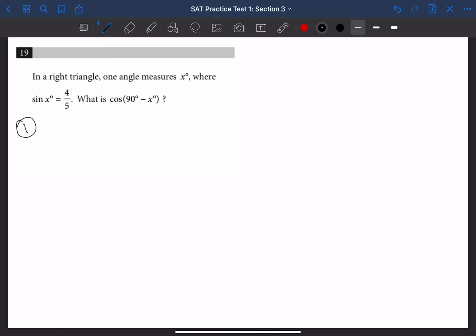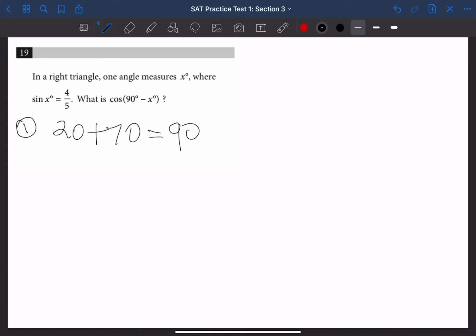Now if you don't know the complementary angle relationship, this is basically that when you have two angles whose sum is equal to 90 degrees, complementary angles, suppose you have 20 plus 70 equals 90.